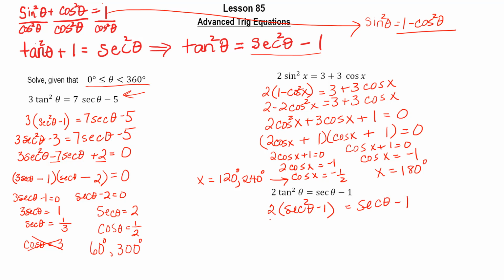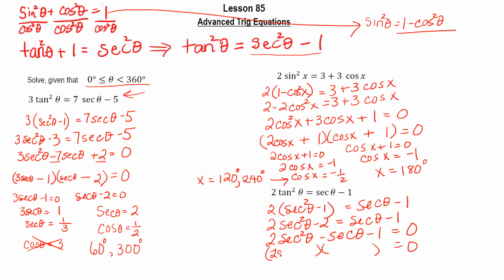And if I distribute the 2, I'll have 2 secant squared theta minus 2 equals secant theta minus 1. Now I have a quadratic equation. I'm going to get everything on one side. So 2 secant squared theta minus secant theta minus 1 equals 0. I'm going to factor it.